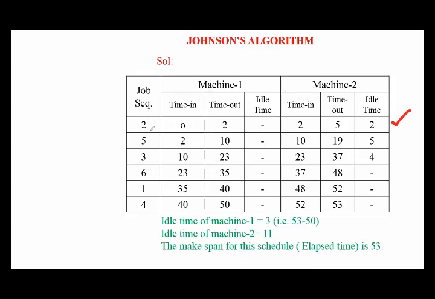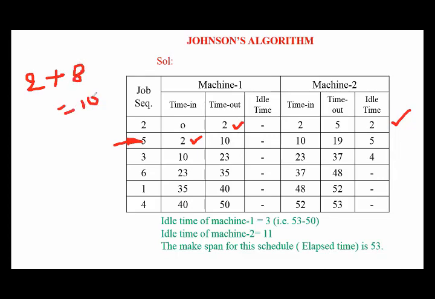Okay, then coming to the second job, that is the fifth job we are going to do as the second job. After completion of the first job, we load the second job at machine 1. The first job was completed at the second hour. Immediately we load the second job on machine 1, and it requires 8 hours processing time. So 2 plus 8 is equal to 10.